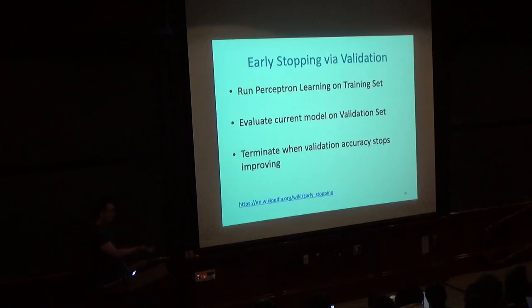We evaluate the model that we're training on the training set on this validation set. And then when the validation accuracy stops improving, we stop. That's what early stopping means. And you could do this for a variety of machine learning algorithms, Perceptron being one of them. And so this is a way of saying, okay, this data set is not linearly separable. That's fine. We'll just run the perceptron algorithm until the error on the validation set doesn't decrease anymore, and then we'll call it a day.